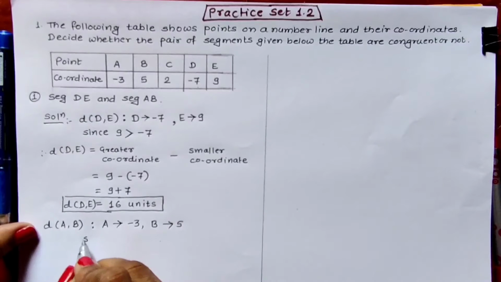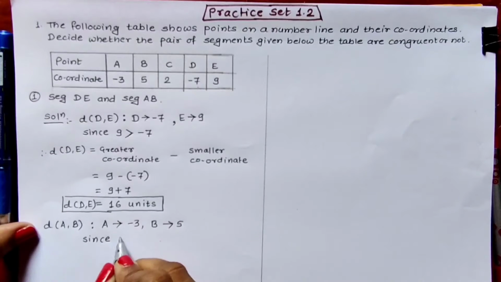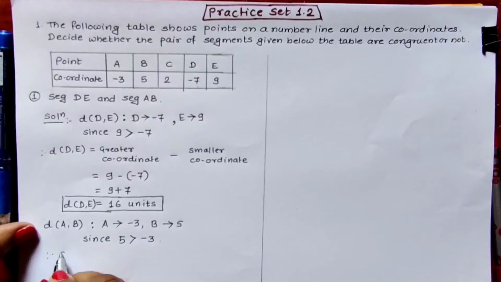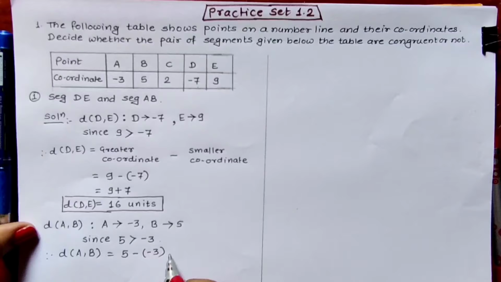So since 5 is greater than -3, distance AB will be equal to 5 minus -3, greater coordinate minus smaller coordinate. Now 5 minus -3 will be 5 plus 3, and 5 plus 3 is 8 units. So distance AB is equal to 8 units.